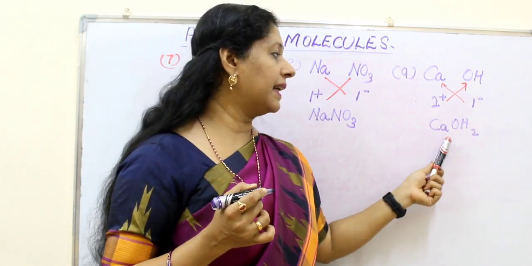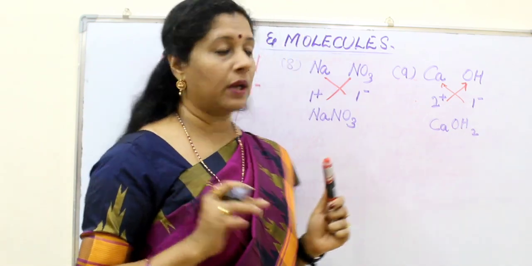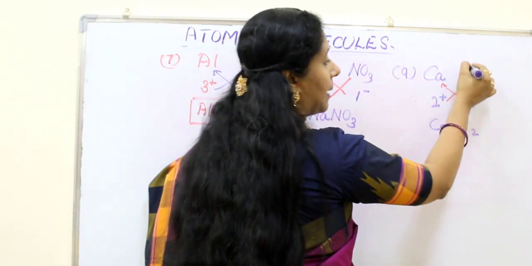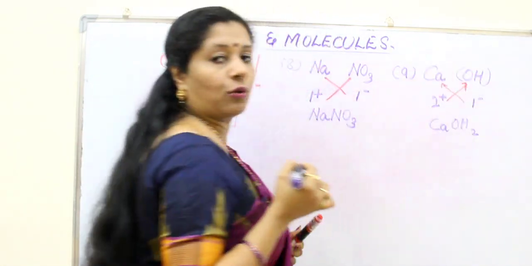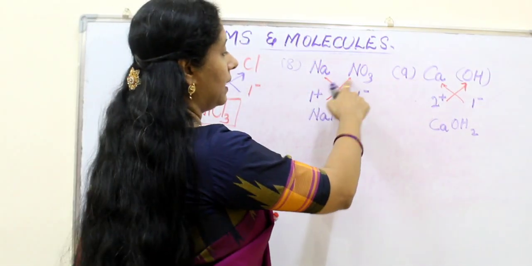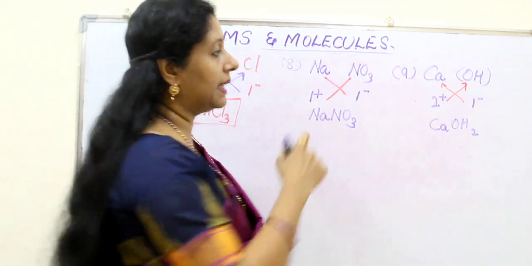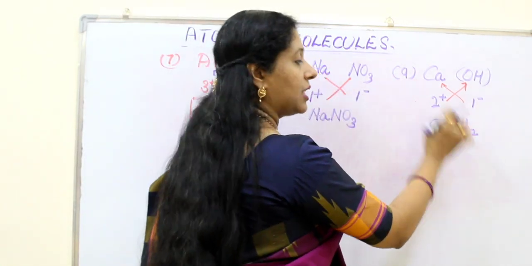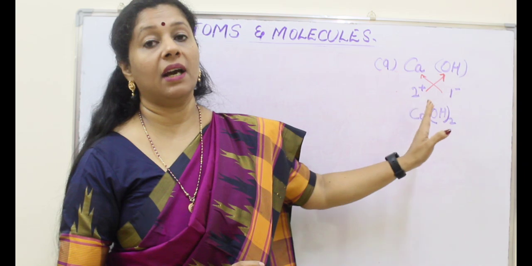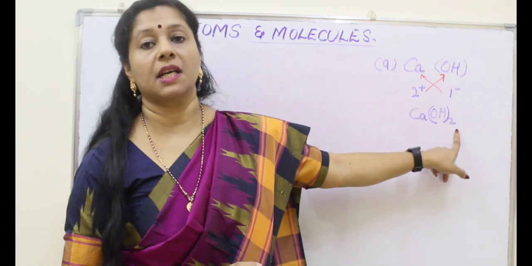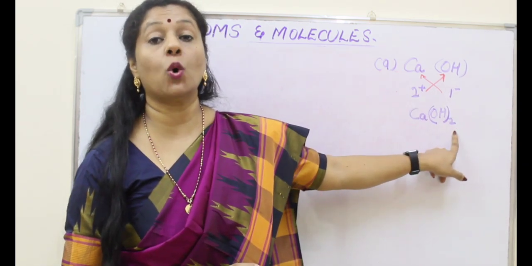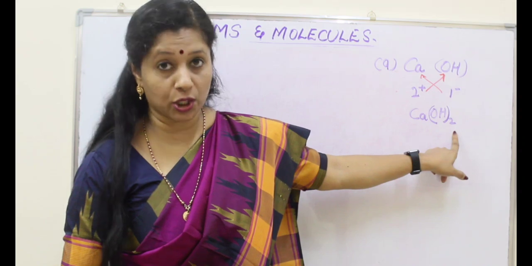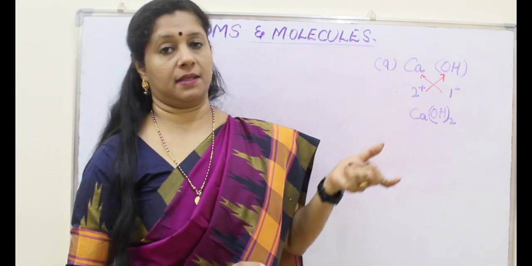In this case if I write CaOH2, it is wrong because this 2 is applicable to the entire OH group, right? Since it was 1, here we need not write, but here 2 means O also 2, H also 2. So we have to write CaOH in brackets 2 times. So the reading also becomes Ca OH twice. Don't say CaOH2, say Ca OH twice, 2 times.